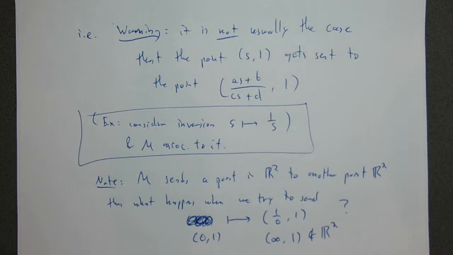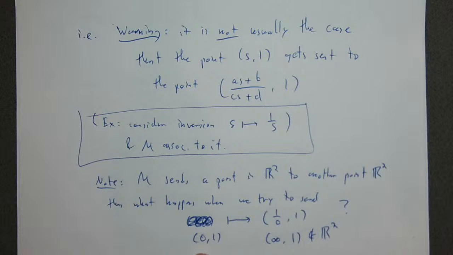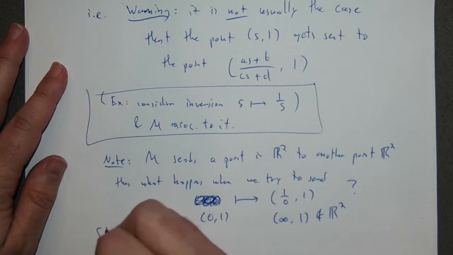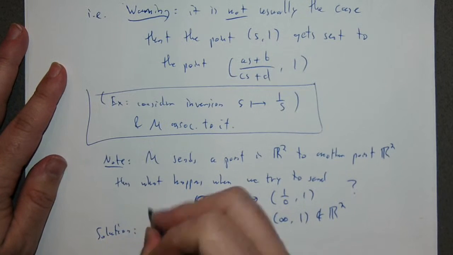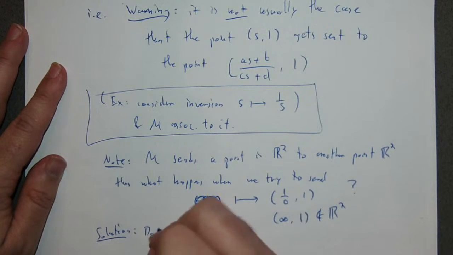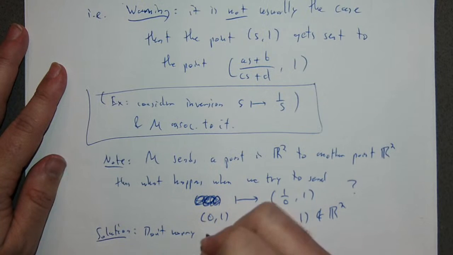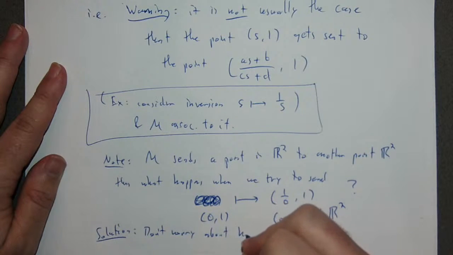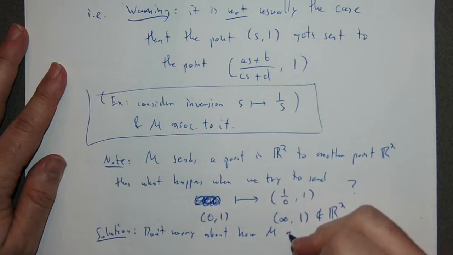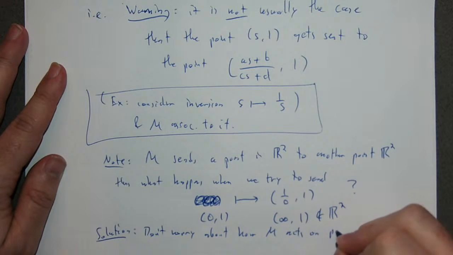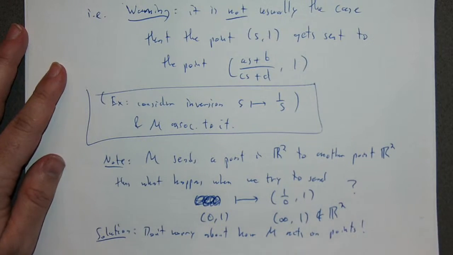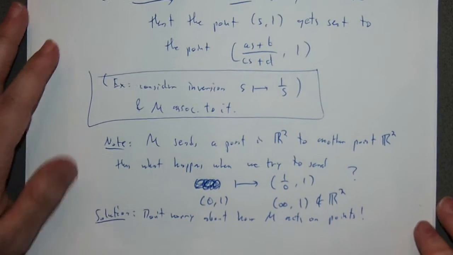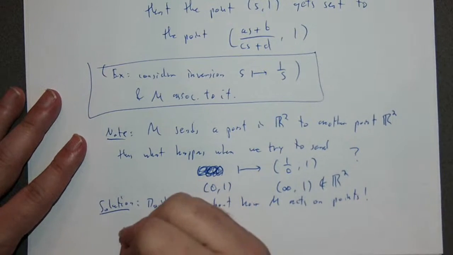But what can it do? It can send the line with label 0 to the line with label infinity. So it can't send points to points. In fact, the solution is: don't worry about how M acts on points. So how does this solve my problem?